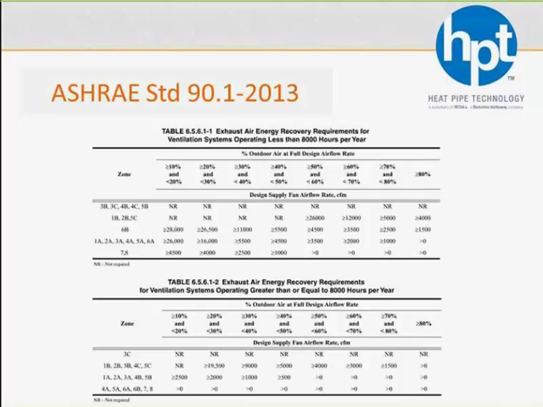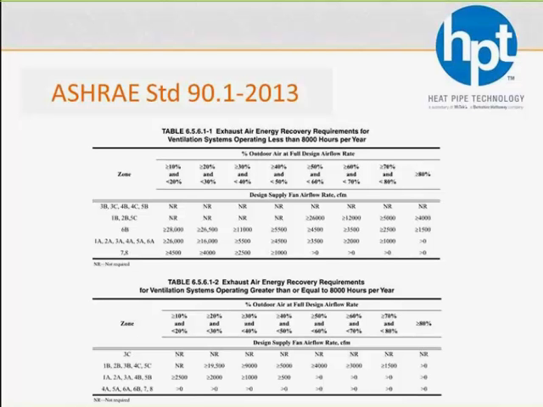So as you can see, for all the A climate zones, all those moist climates on the top table, 1A through 6A, if it's 80% outside air or more in that air handler, you're going to have energy recovery. And as you can see up top, that's when that system is operating at less than 8,000 hours per year.